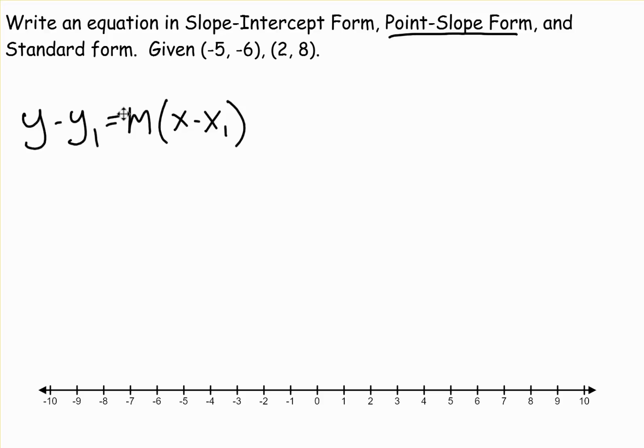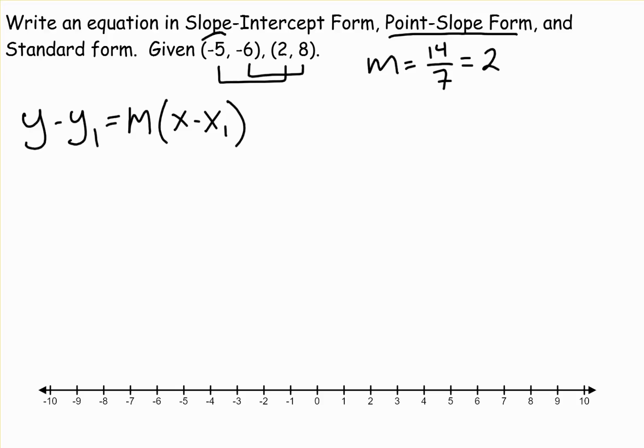Our slope is from -6 to get to 8, we're going up, well, 6 and 8 makes up 14. So our slope is up 14. And from -5 to get to 2, we're going up 7. So our slope is 2.